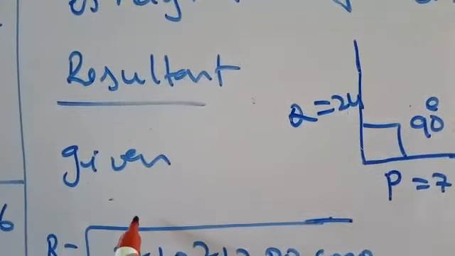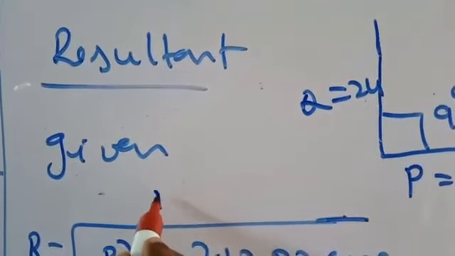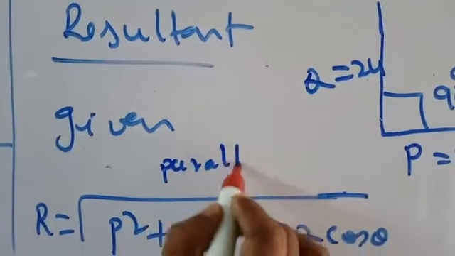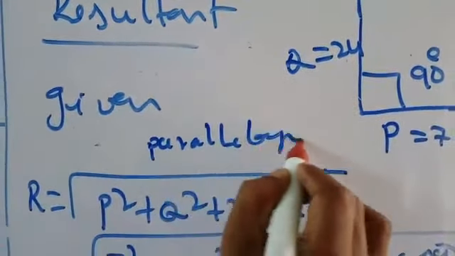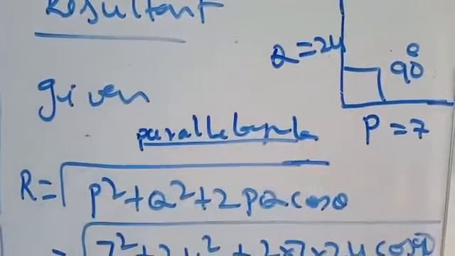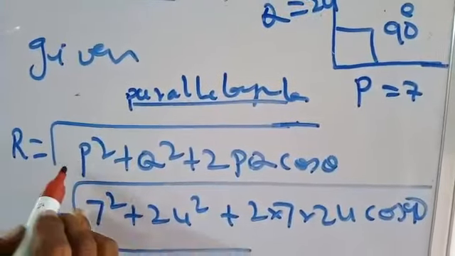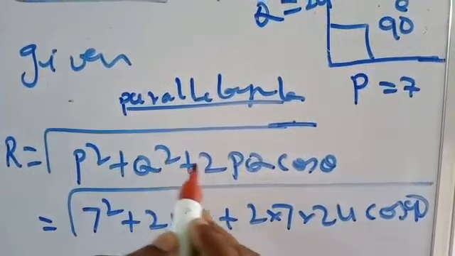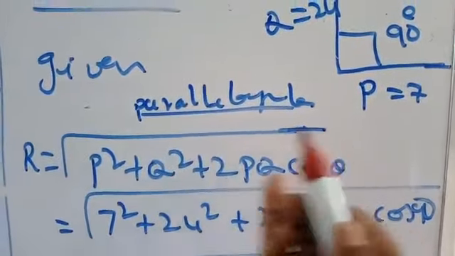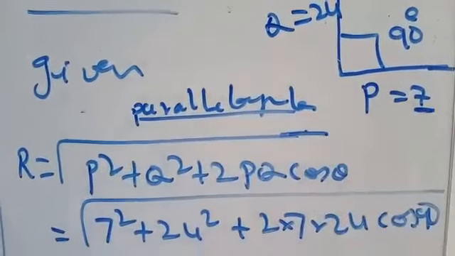So this can be solved by using the parallelogram law of vectors. What is the resultant in the parallelogram law? R is equal to the root of P square plus Q square plus 2PQ cos theta. P is 7 units, so 7 square.